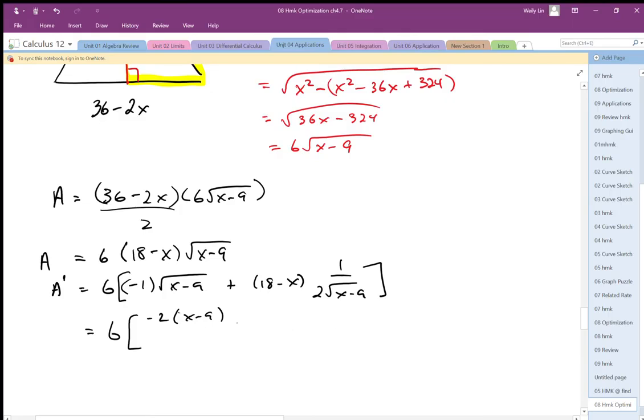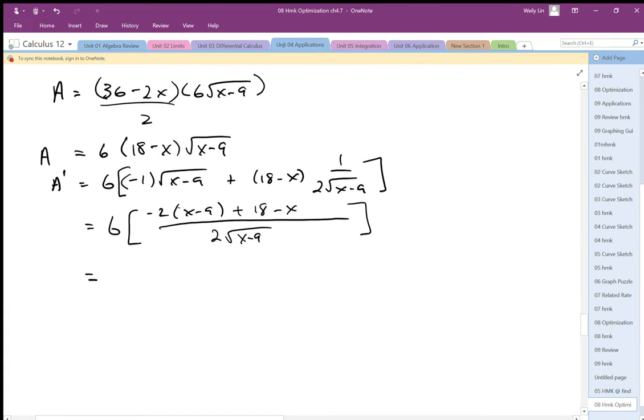Okay, so that over that common denominator of 2 root x minus 9, and then I get plus 18 minus x. Okay, simplifying that numerator, I'm going to end up with negative 2x plus 18 is 36. Negative 2x minus x is 3x. And that's all over 2 root x minus 9.